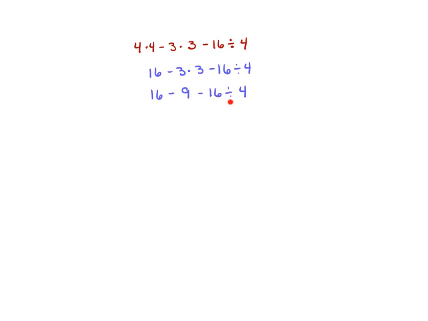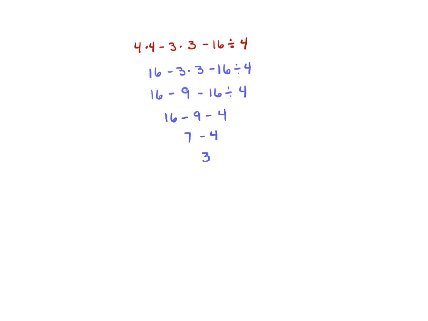Next, I do this division. 16 divided by 4 is 4. Then I just keep going. 16 minus 9 is 7 minus 4. And then 7 minus 4 is 3.